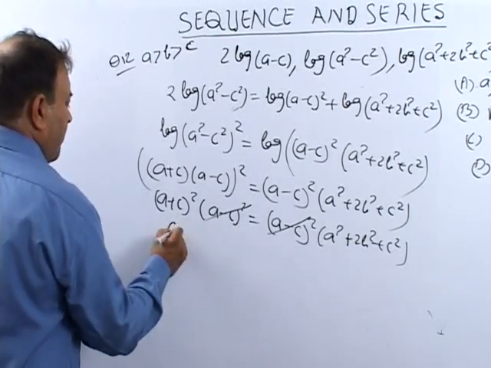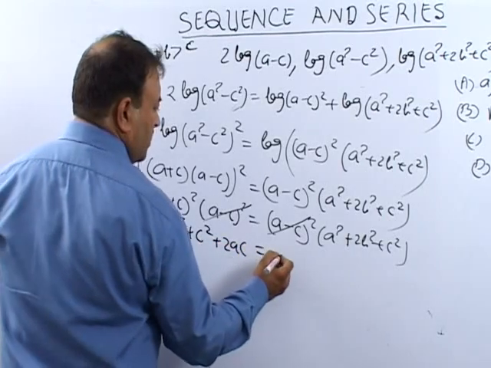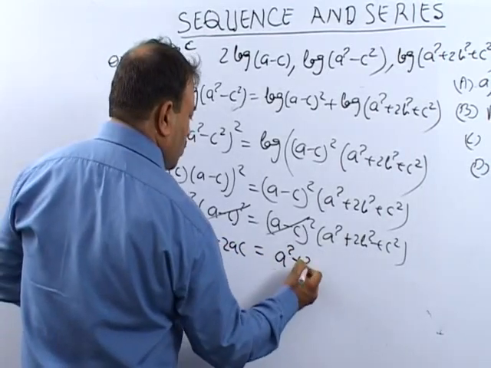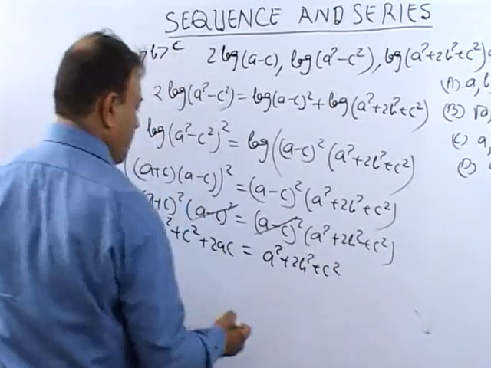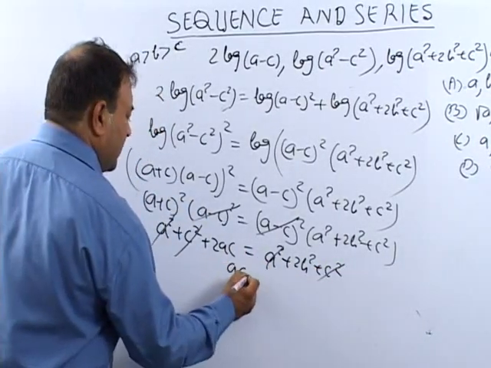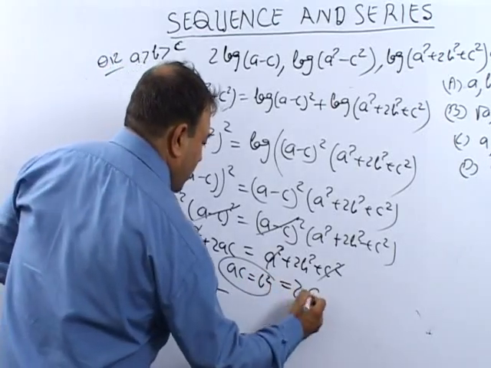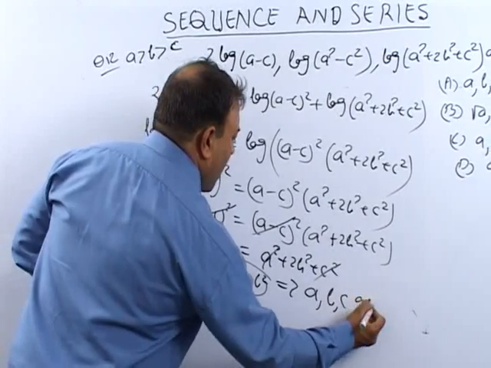Now we open it: A² + C² + 2AC equals A² + 2B² + C². Cancelling out A² and C², we are left with AC equal to B², or we can say A, B, C are in GP.